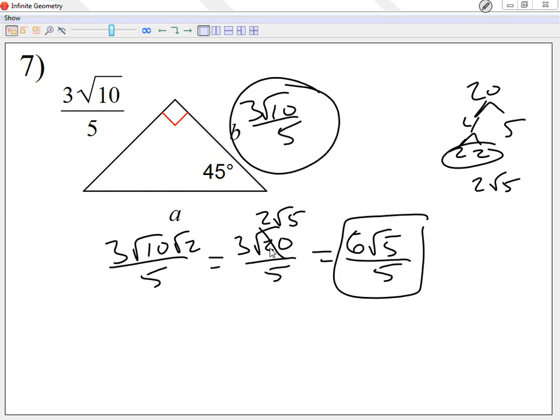Where'd you get the 6? 3 times 2. The 2 and the 3, they're both whole numbers. Make sure any radicals you have are simplified. We're good on the front there?